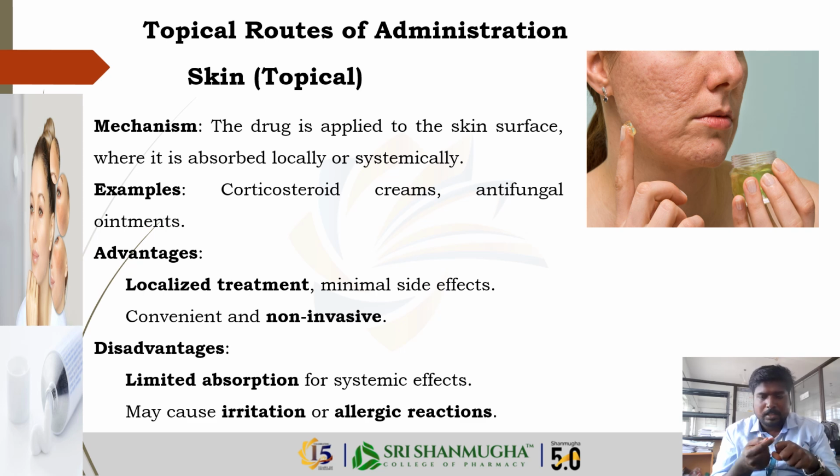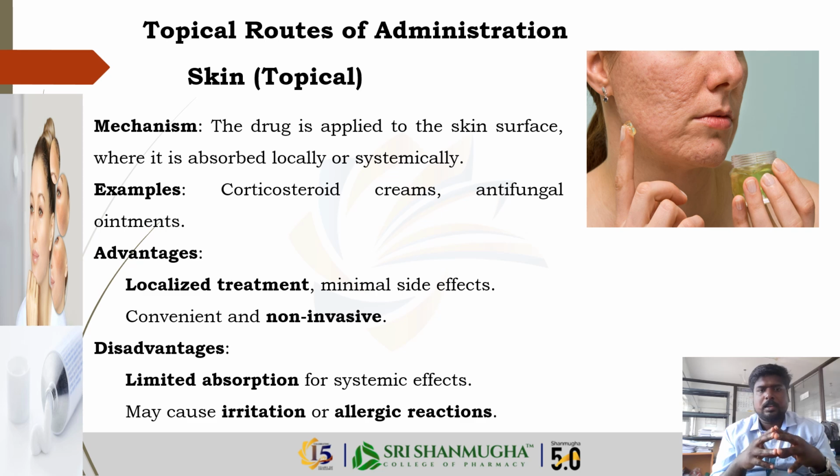Otherwise, if you have any wounds, the drug can reach the systemic circulation through the blood vessels. So the topical route of administration in skin may have local action or systemic action.